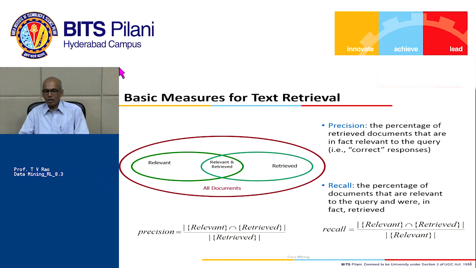And recall is the percentage of relevant documents that are also retrieved. For example, there are 1,000 relevant documents in the database, but the process could only retrieve 200 of them for the query. So it has retrieved only 200 out of the 1,000 documents that in fact are relevant and exist in the database, but somehow the query could not retrieve them. So the recall is 200 by 1,000, which is essentially 0.2.